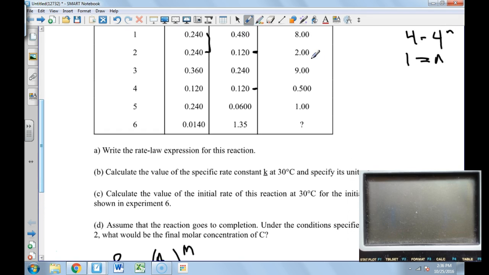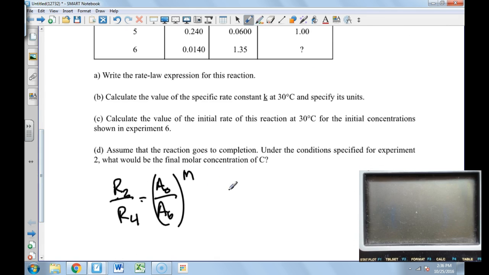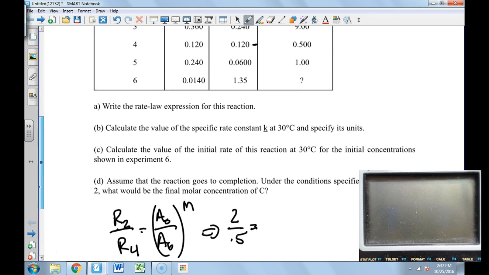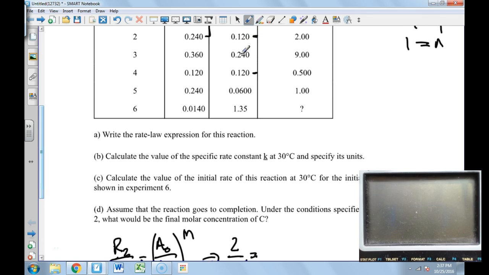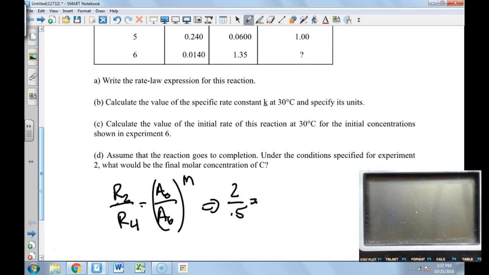Rate 2 is 2 and rate 4 is 0.5, so this ends up going to 2 over 0.5 equals 0.24 over 0.12 to the m.